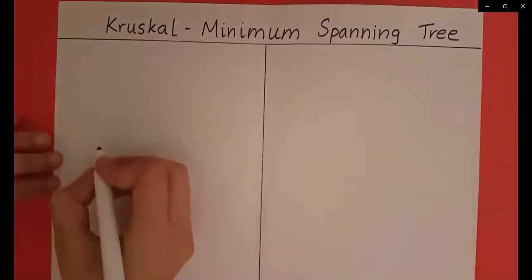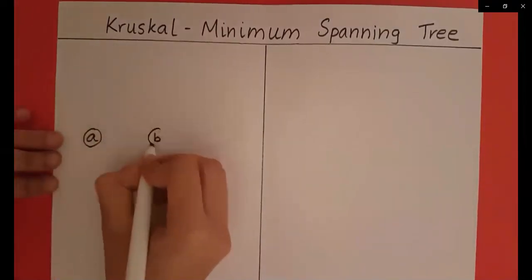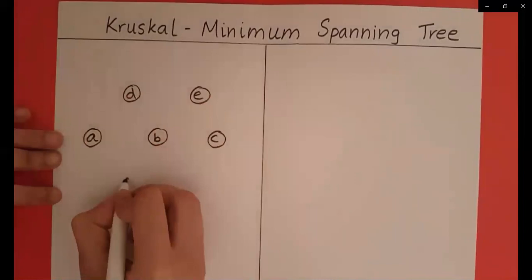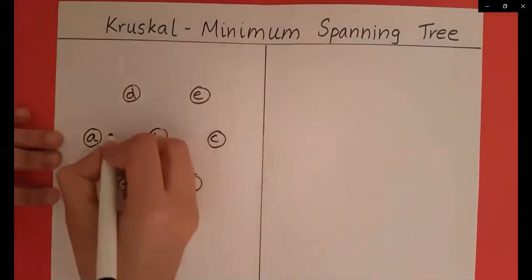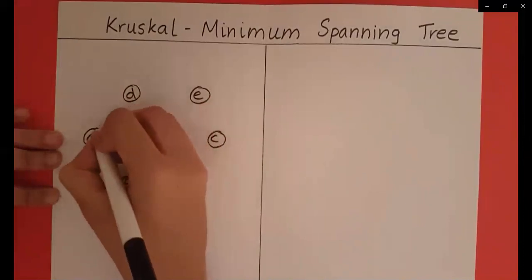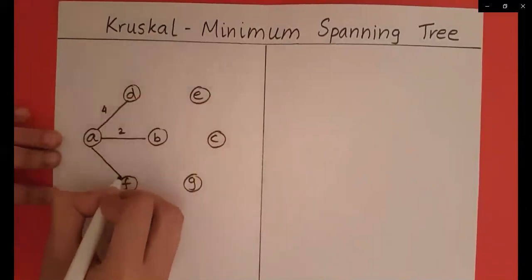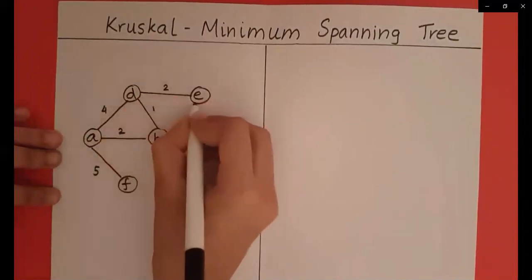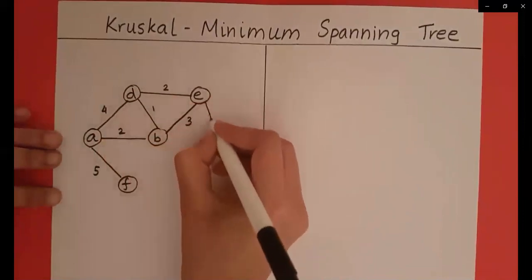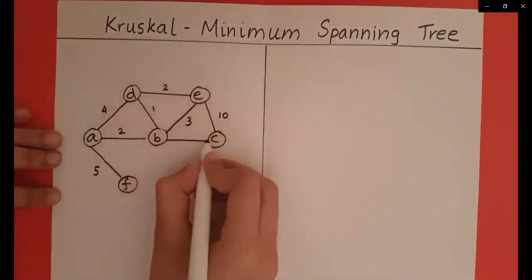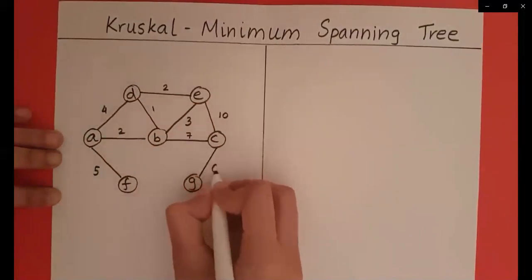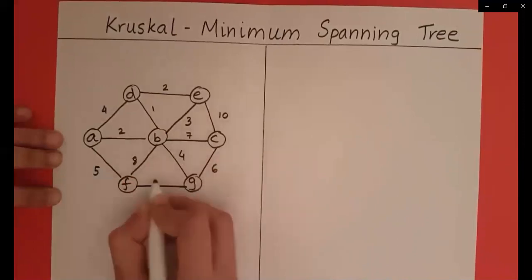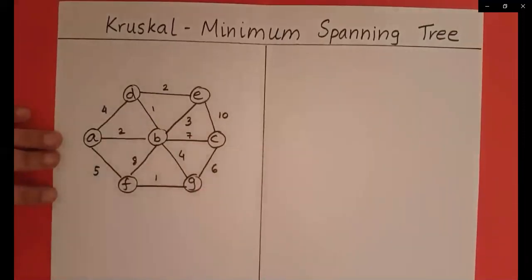Now we will take a graph consisting of different vertices. The Kruskal algorithm says that you have to go according to the sorted order of the edges. So, according to the sorted order of edges, we initially consider the graph with all its vertices and edges. This is your graph.